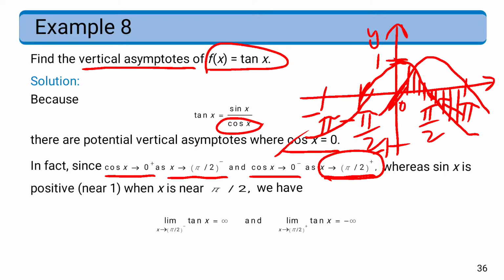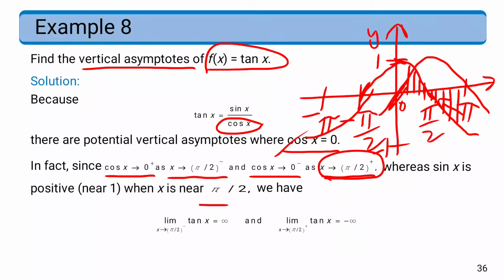So that means if cos of x is positive, then tan of x will be positive in the neighborhood of pi over 2. And also if cos of x is negative in the neighborhood of x equal to pi over 2, tan will also be negative.